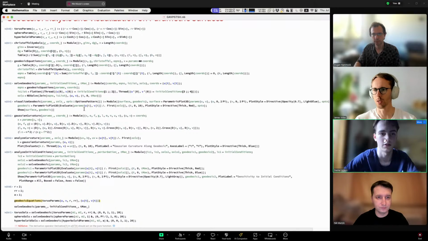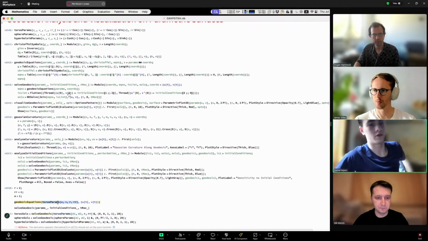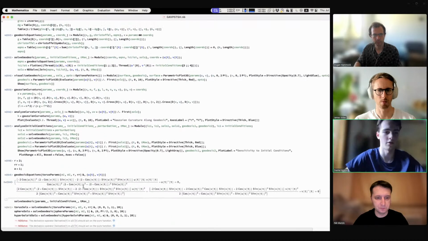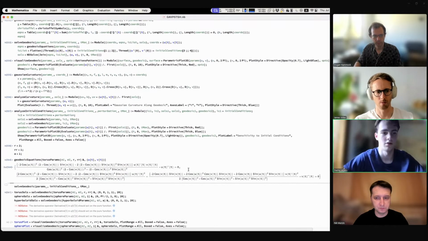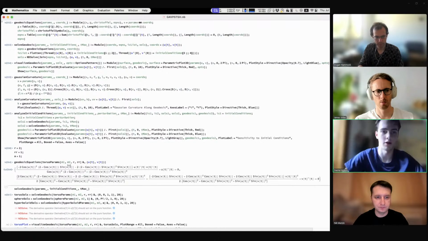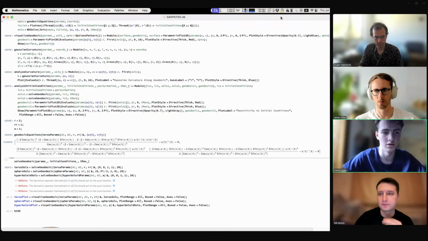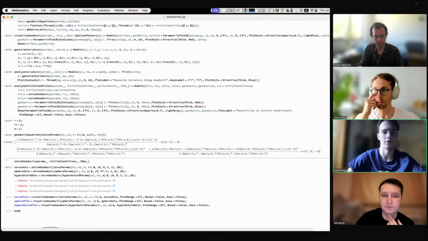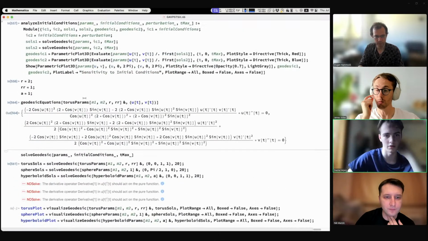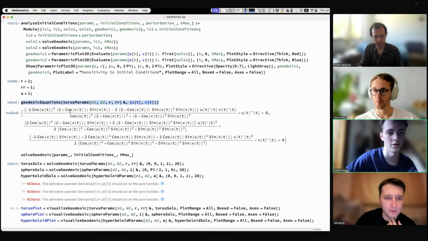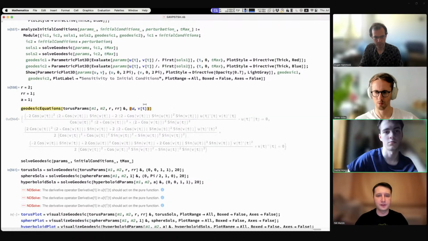And then the Christoffel symbols. That just computes the Christoffel symbols, which show how a coordinate system is distorted, which then lets you formalize the equations in the next function. And then geodesic equations. They're reasonably well named. That's just the differential equations that describe the geodesics on the surfaces, so on the torus, sphere, and hyperboloid.